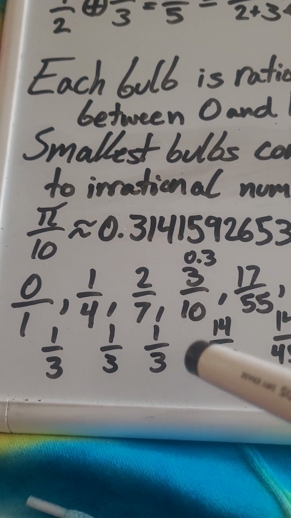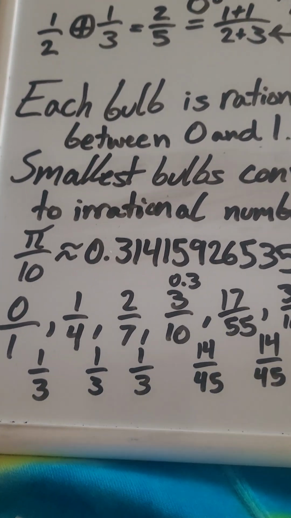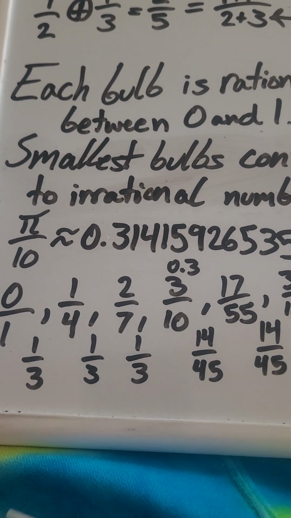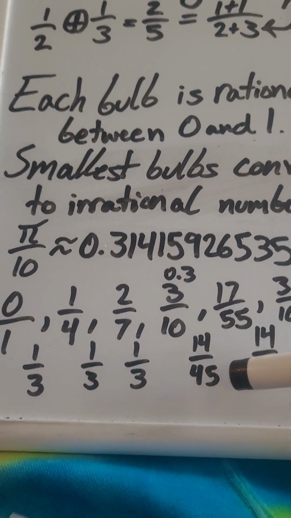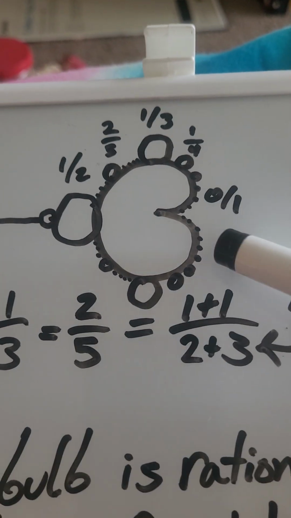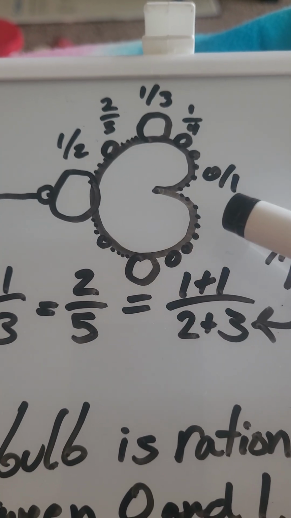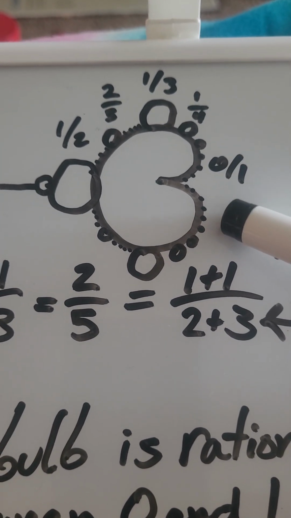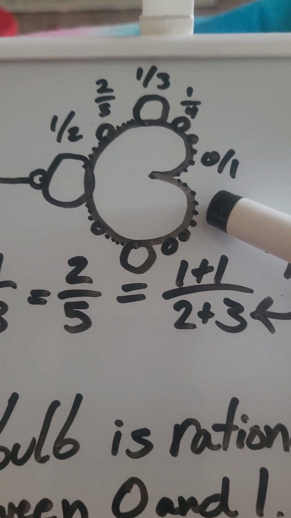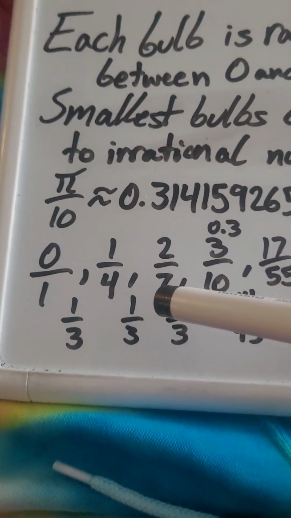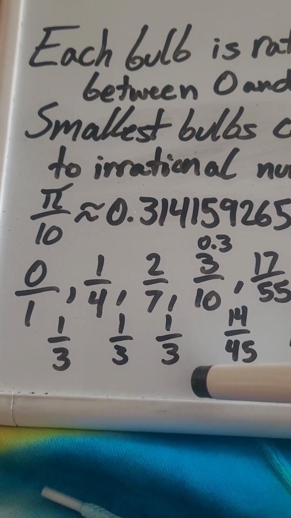Well, the 3/9 bulb is the 1/3 bulb. There's no 3/9 bulb located on the Mandelbrot set because 3/9 is an improper fraction. There's no improper fraction on the Mandelbrot set. So yes, I could have medianed with that fraction, but it simplifies to the 1/3.